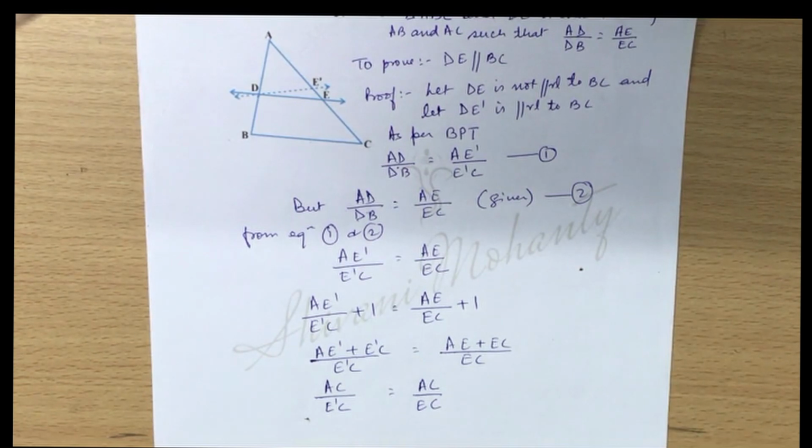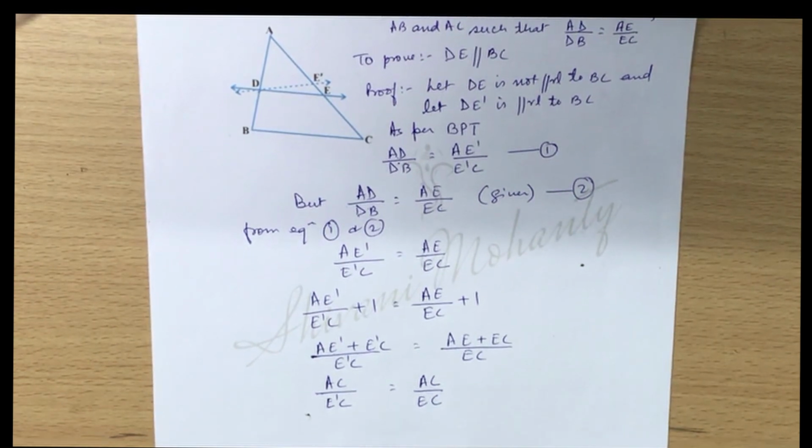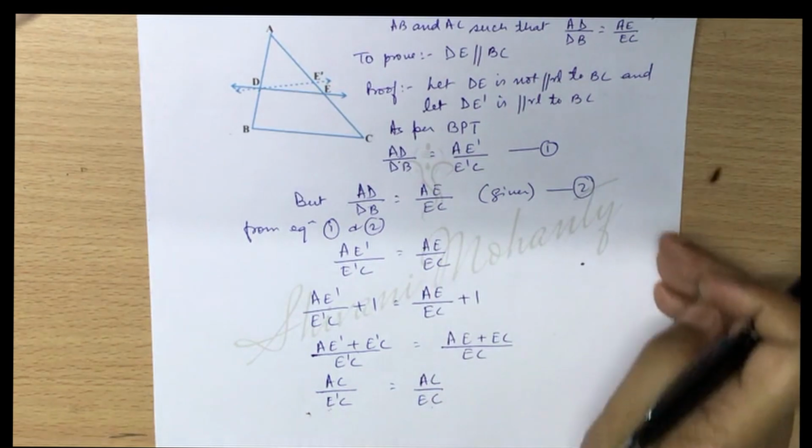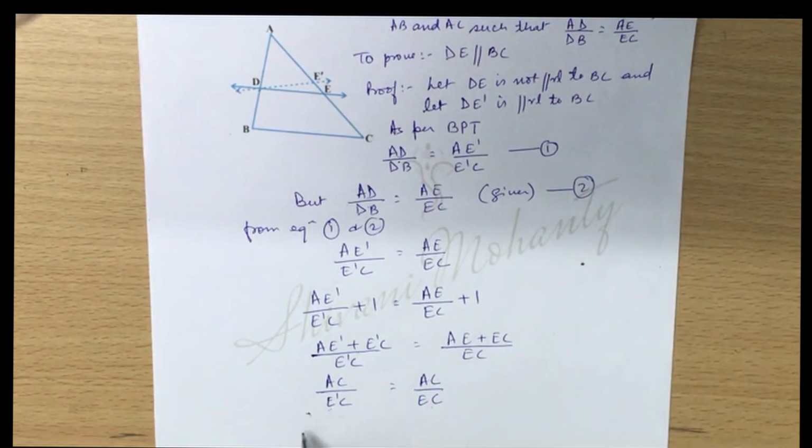So AC by E dash C is equal to AC by EC. The numerators are the same, so definitely the denominators will be the same.